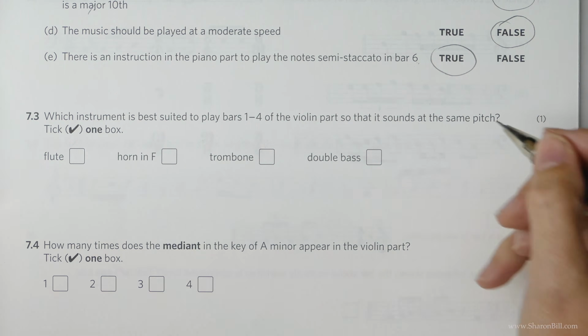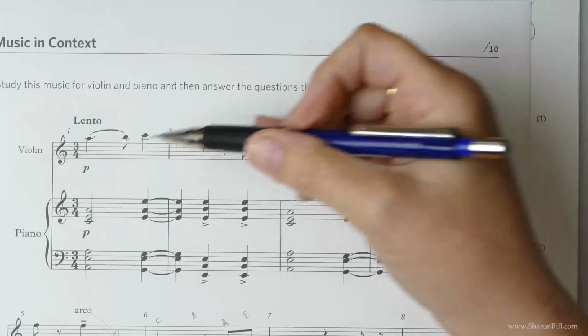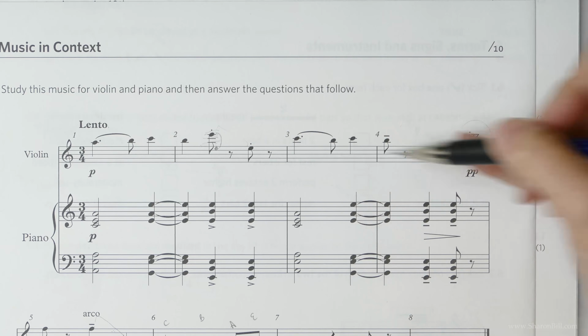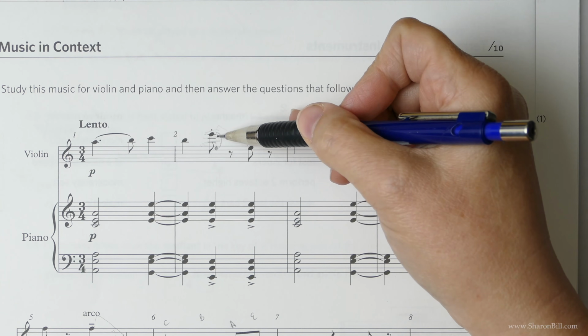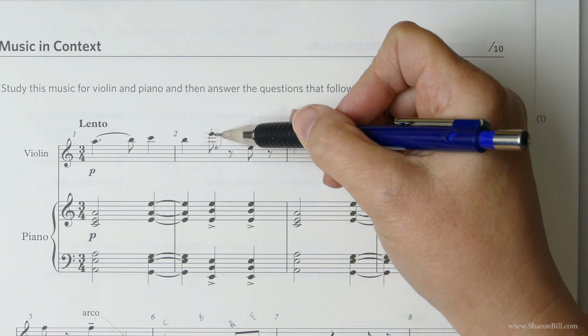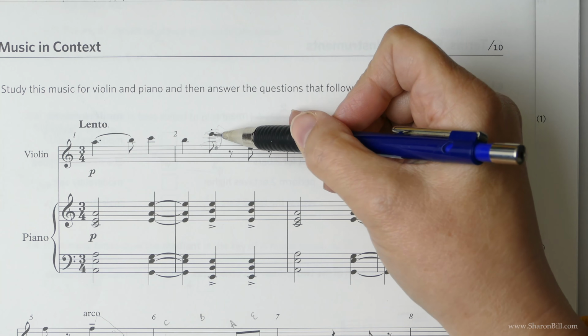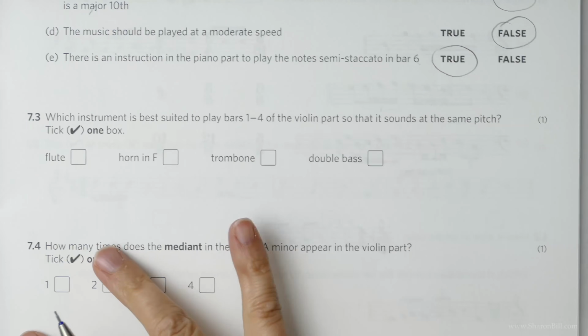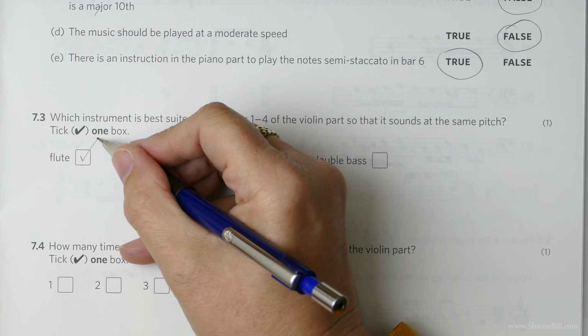So it sounds at the same pitch, so we can't be jumping octaves or transposing at all. So bars 1 to 4, we can see it's in the treble clef, and it's really high in the treble, isn't it? Really quite high at the top of the range. So we're looking for a high treble instrument, which indeed straight away that's what the flute is.